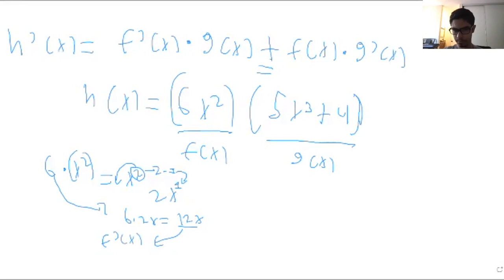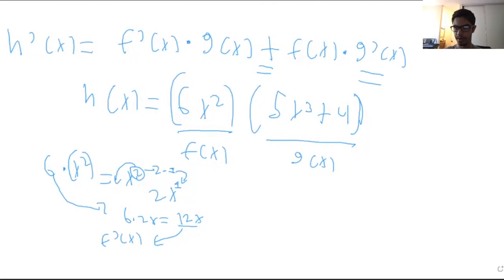And then we already have g of x. But since we have g prime of x on the right-hand side of the addition sign, eventually we need to take the derivative of g of x, right? So let's just do that. The derivative of g of x, we have 5x cubed plus 4.